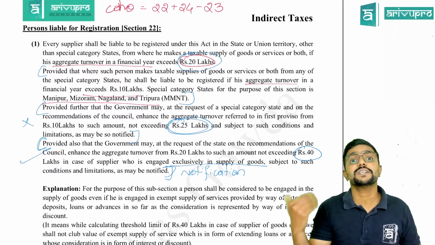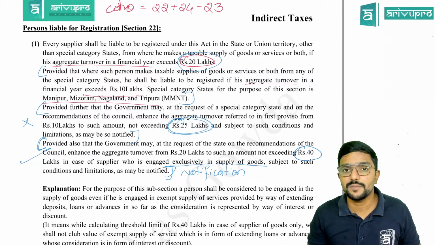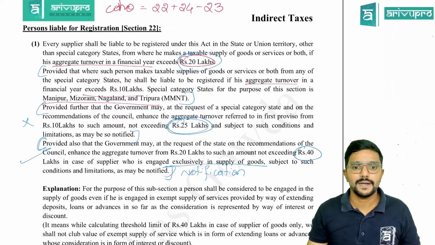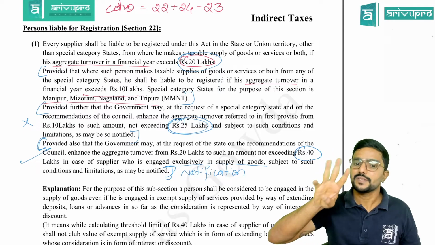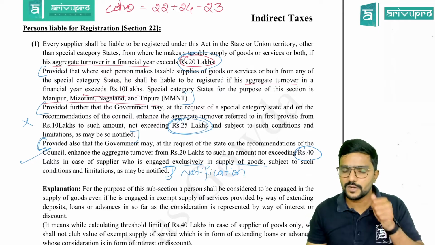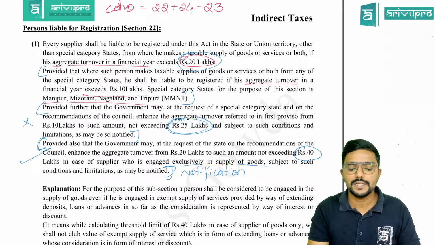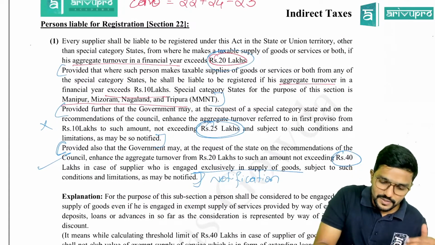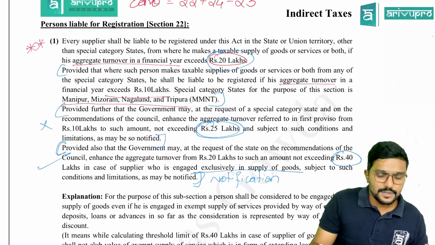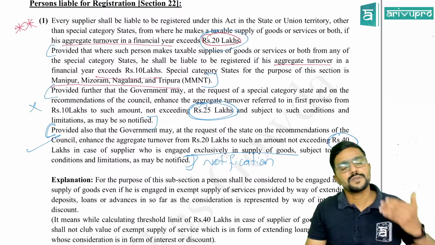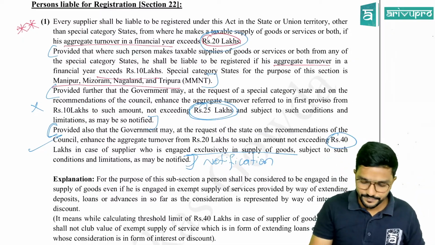So you should know what registration limit is applicable for a person. Clear? So there are totally 3 limits. Still we have not concluded this point because we are yet to cover the notification. I will be covering it, but 22.1 is very important for you. Clear? Because they have given reference to this in many other topics also.